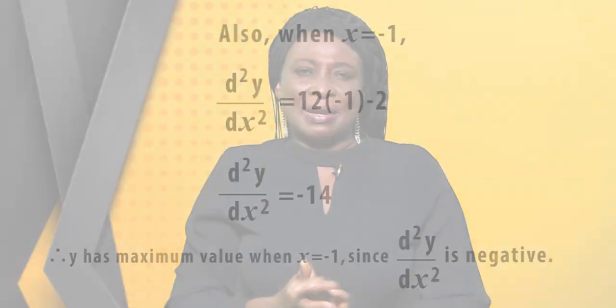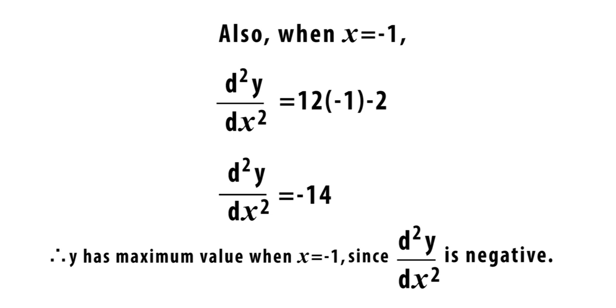Again, we will take the second x value, which is x is equal to negative 1. Substituting that into d squared y dx squared gives us 12 into bracket negative 1 minus 2. When we simplify that, we will have d squared y dx squared is equal to negative 14. Again, we check the sign.